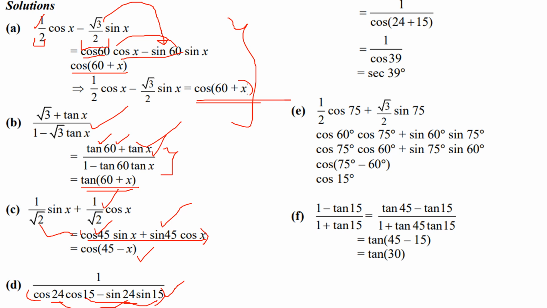That means that such expressions are going to be requiring you to compress or recompress the expansions so that you can get a clear view. So compressing that, we shall have cos of 24 plus 15, which is going to end up with 1 divided by cos 39. And the reciprocal of cos, we say that is going to be sec. So 1 out of cos 39 is the same as sec 39 degrees.